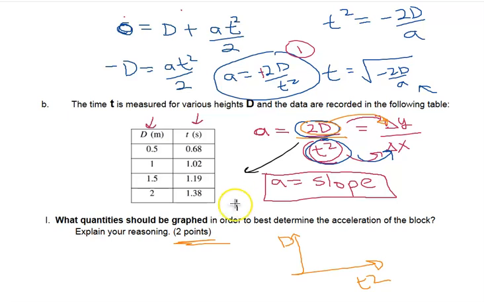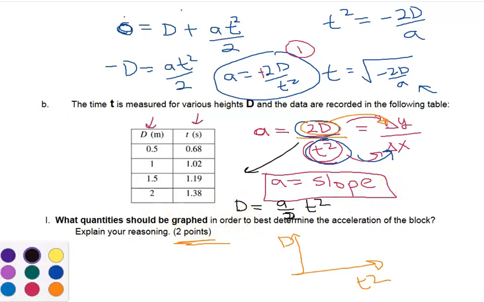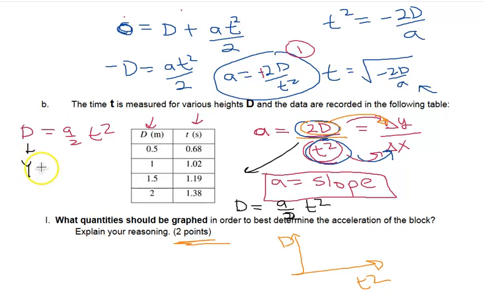So D is A over 2 times T squared. So if I graph D on the y-axis and the quantity T squared on the x-axis, then my slope is A over 2.